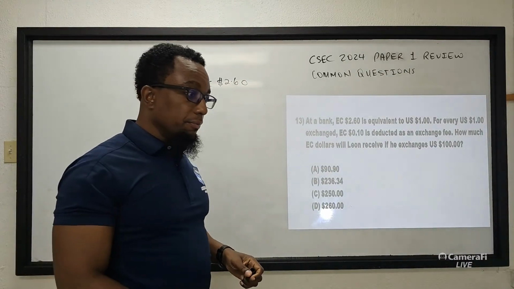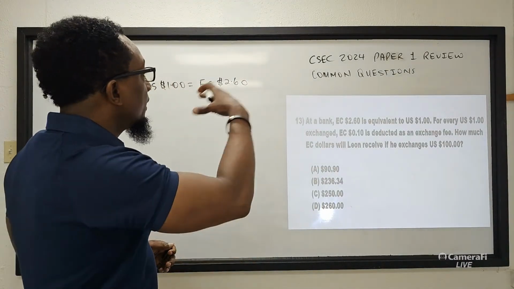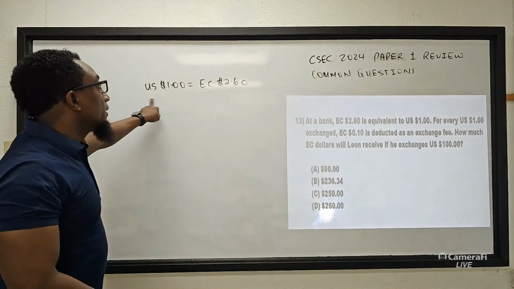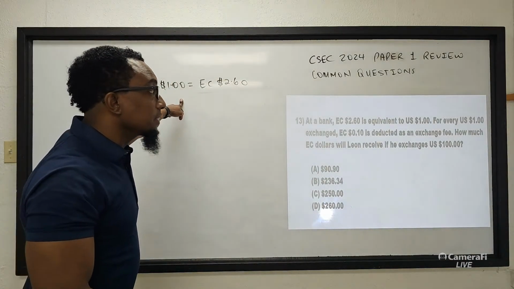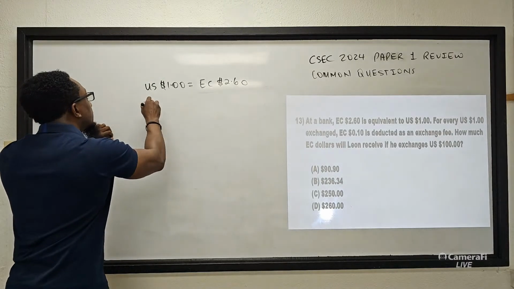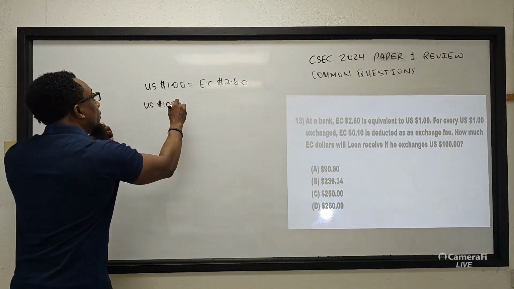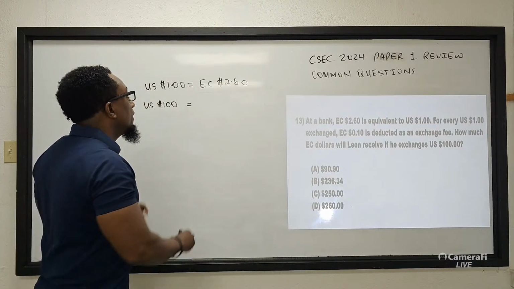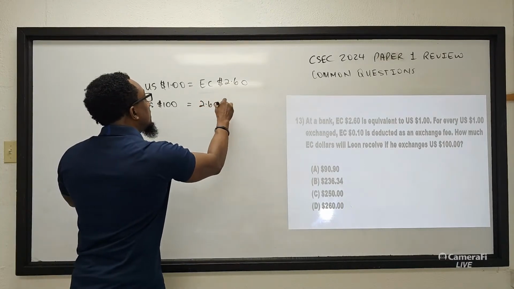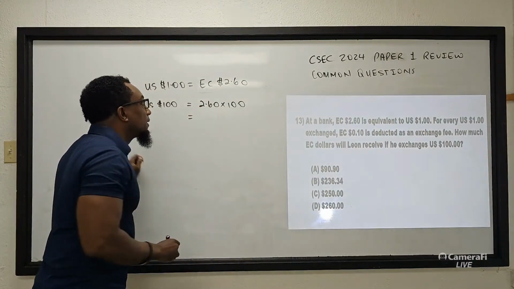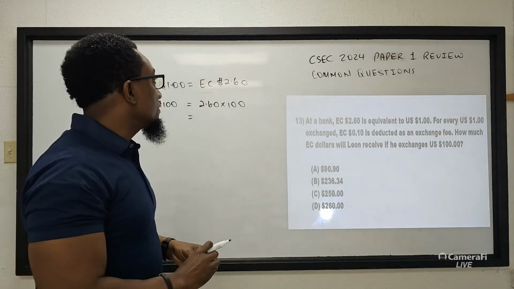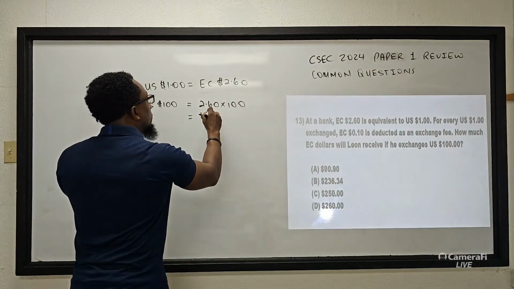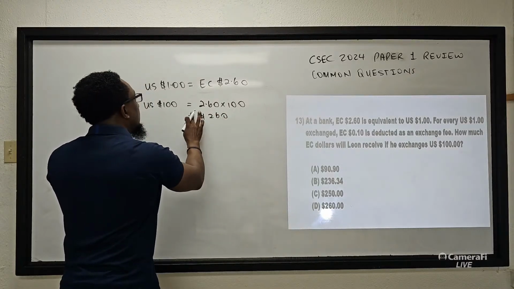Remember, what you have to convert to always goes on the right of the relationship. So if US $1 is equal to EC $2.60, then US $100 will be equal to what? We're going to multiply $2.60 EC by 100. So therefore, $2.60 EC by 100 will give us 260 EC.